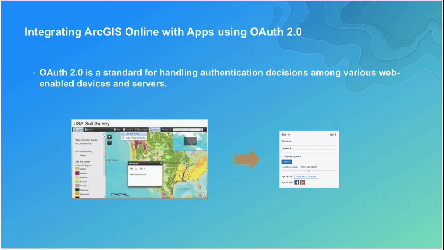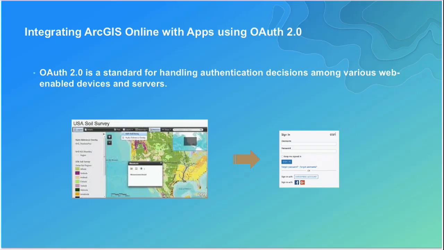Okay. So the next topic we're going to talk about a bit is, this is more of a developer topic, how you integrate your application with our ArcGIS Online identities, basically.